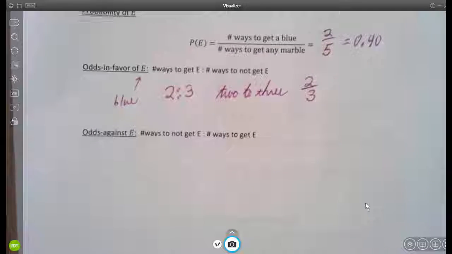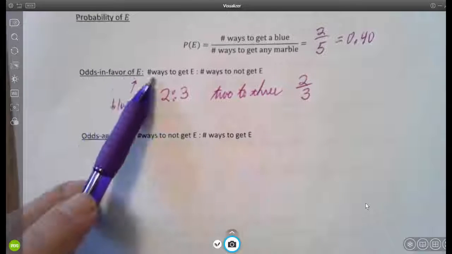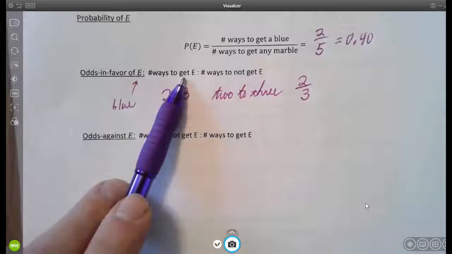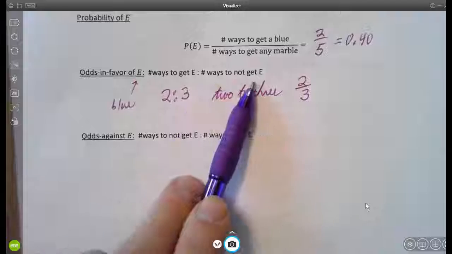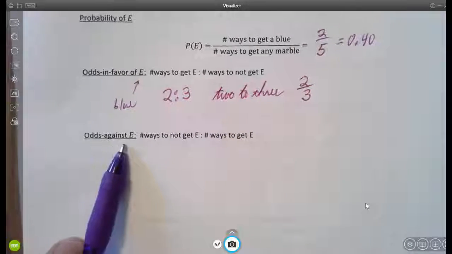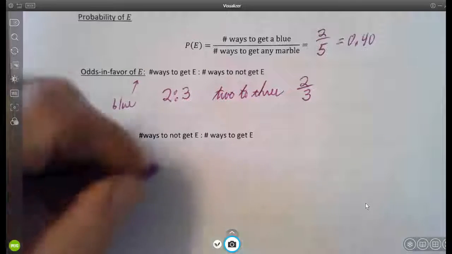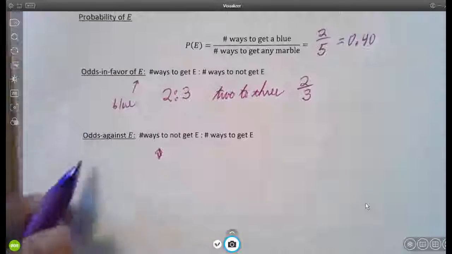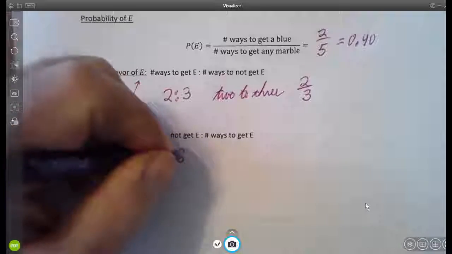Now, the odds against an event are done in almost the same way as odds in favor. Here we do the number of ways, or you could say the probability of getting E compared to the probability of not getting E. You just switch these around to get the odds against E. So we're doing the odds against E. The number of ways to not get a blue, 3 ways.